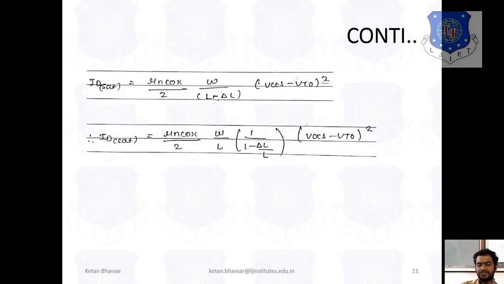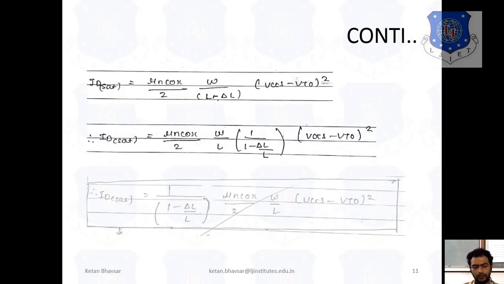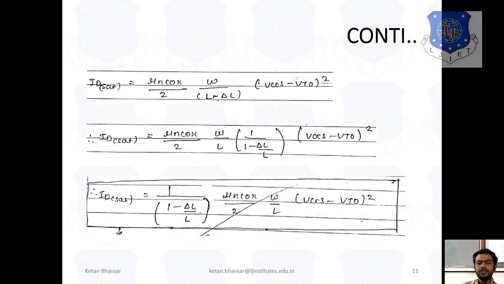We can also simplify this equation: ID saturation is equal to mu n Cux by 2 W by L times 1 divided by 1 minus delta L by L, into Vgs minus Vto whole square. We simply factored out L in this situation.